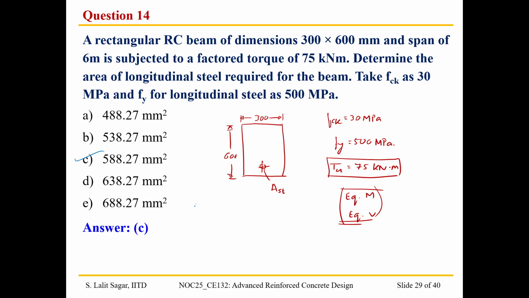AST provided is pi by 4 of 16 square into 3, which gives us an answer of 603.2 mm square. We are going to be using this in our next question.